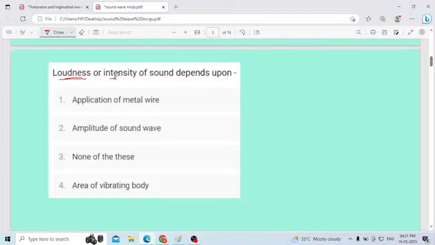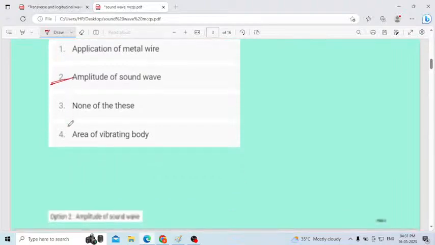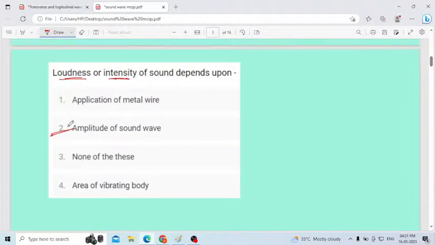Normally loudness and intensity depend upon the amplitude of the sound wave. Amplitude is nothing but the height of the wave. If the amplitude is more, then the intensity and loudness of the wave will be more.